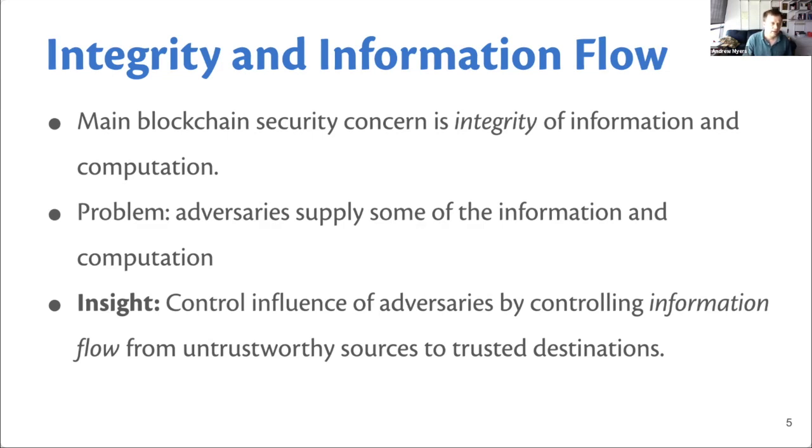So of course, the problem is that adversaries are providing some of the things that are controlling your computation, some of the information, some of the computation itself. And so the insight is that we can think about controlling how adversaries influence data and computation by controlling information flow.